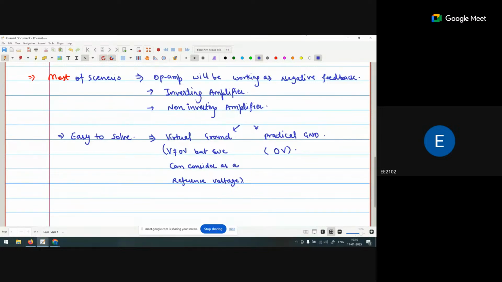So we are considering that the operational amplifier will be working as a virtual ground.